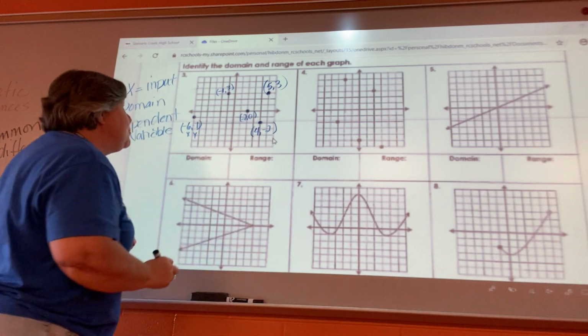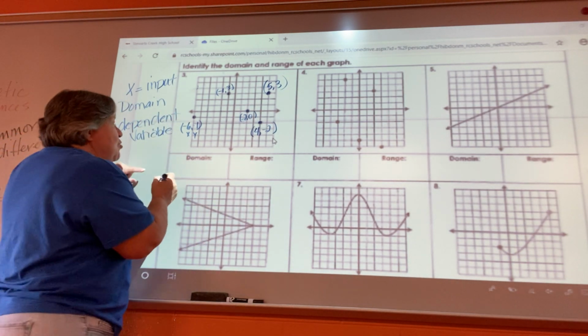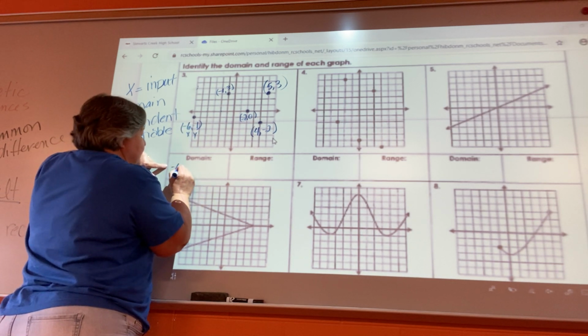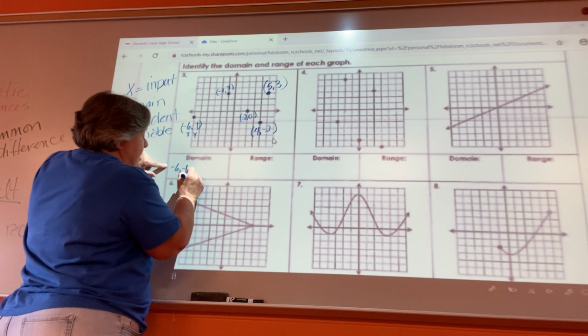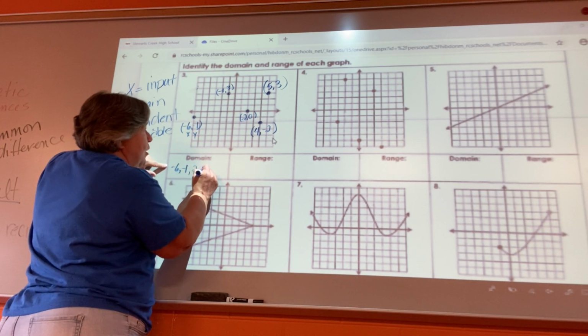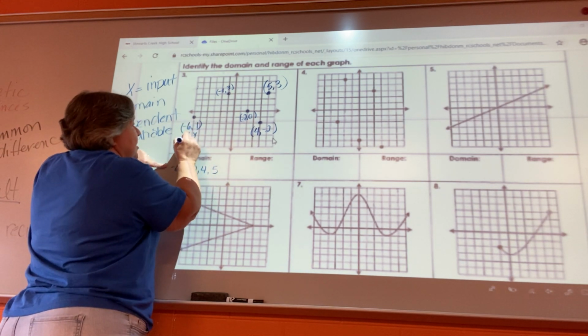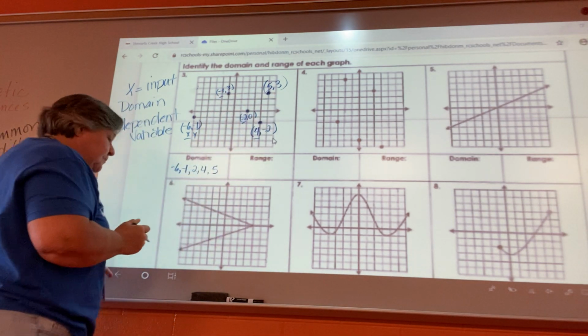So once I get those points plotted and I know what they are, then my domain is just my x values. So I have -6, -1, 2, 4, and 5. X values here, here, here, here, and here.